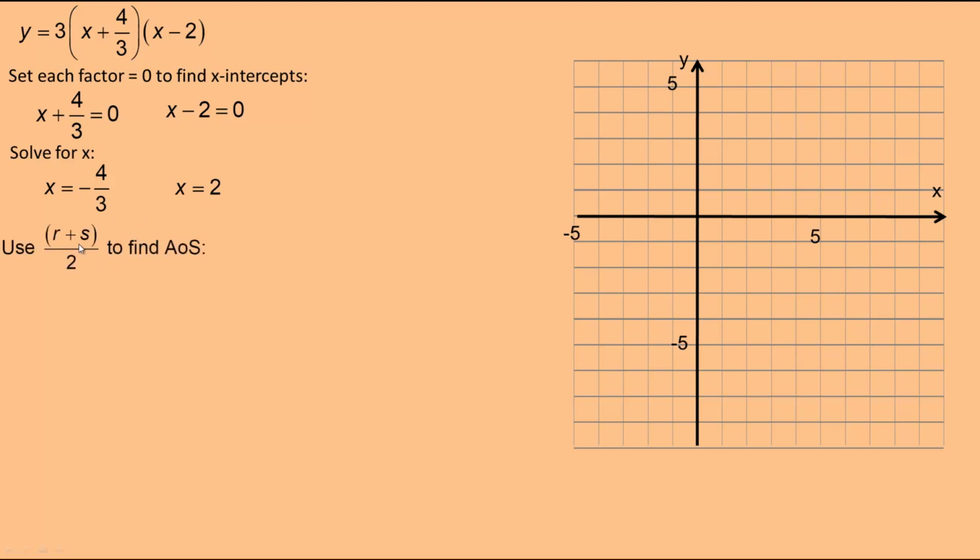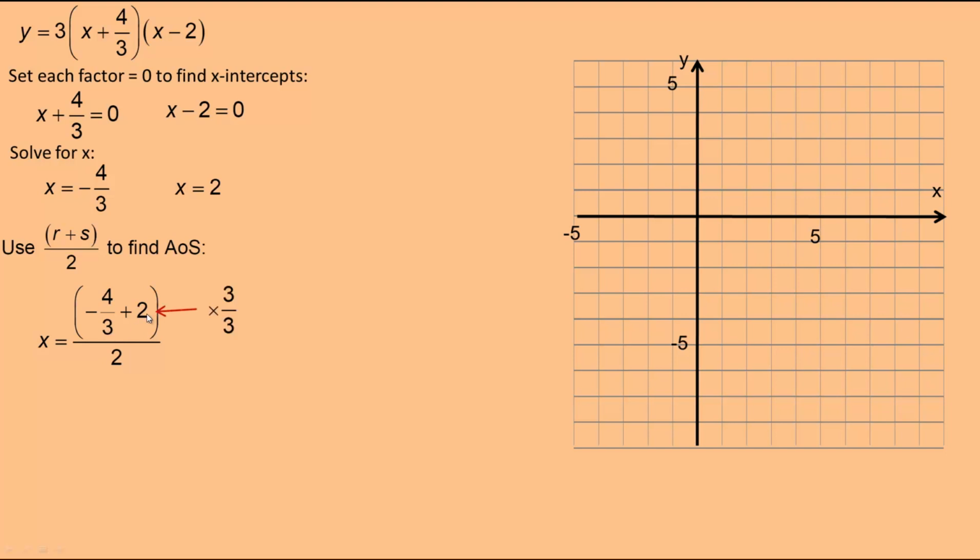So we use x equals r plus s over 2 to find the axis of symmetry, so we can find where the vertex is. r and s would be these, negative 4/3 and 2. So negative 4/3 and 2 are the r and s values. Now in order to add these, the 2 is a whole number, but the negative 4/3 is a fraction.